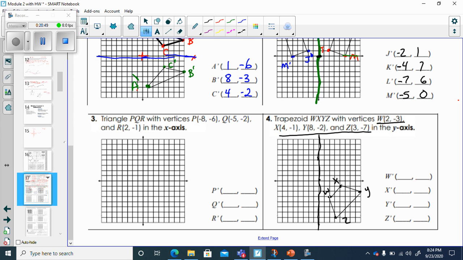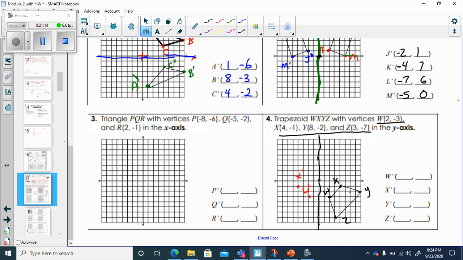Every point is the same distance from this line of reflection. W is 2 points on this side, so it'd be 2 points on the other side. There's your W prime. Your X is 1, 2, 3, 4 from this side. It's going to be 1, 2, 3, 4 on this side. That would be your X prime.